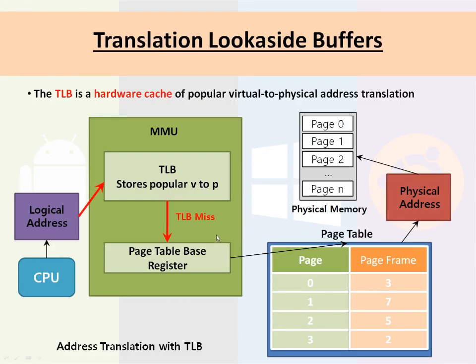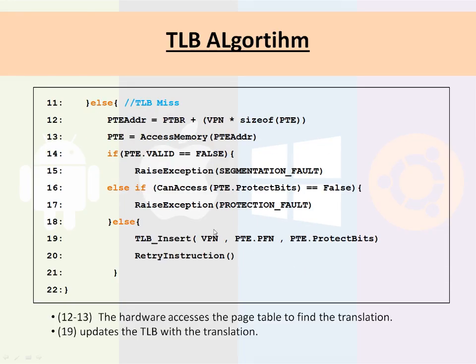If we miss and go along this route, at the very end of this process we update the TLB to store this translation that we've now calculated. So if we miss, we determine the translation, and afterwards we store that in the TLB, so for next time we don't have to do the same translation. So that's how the algorithm looks.